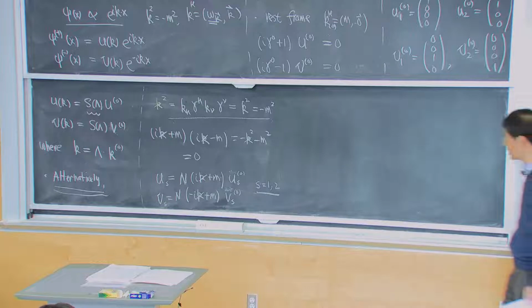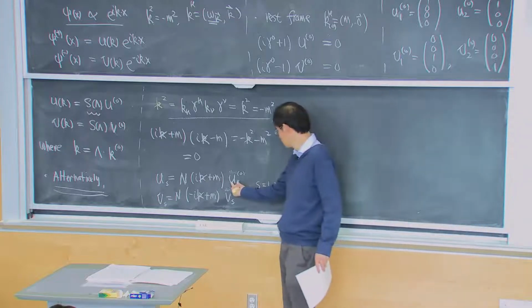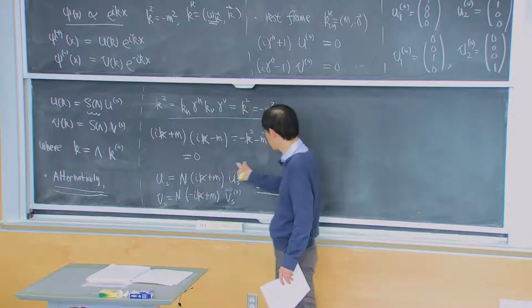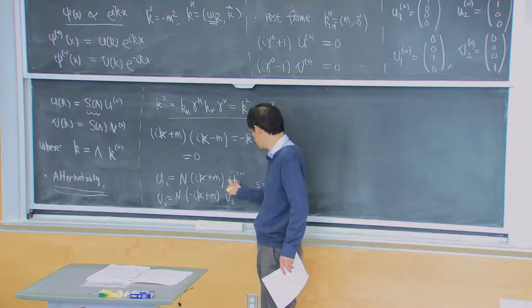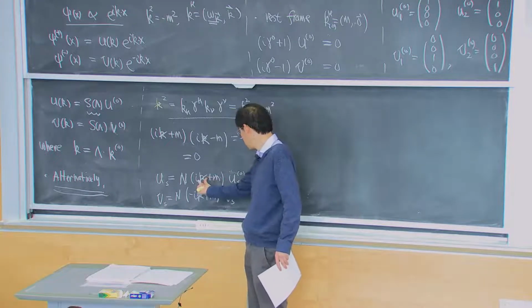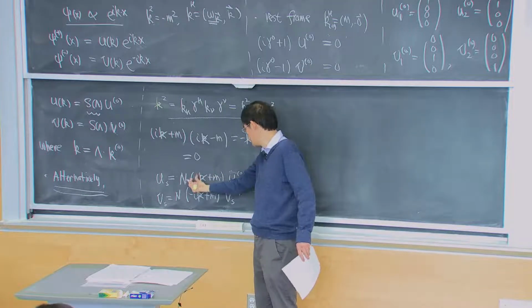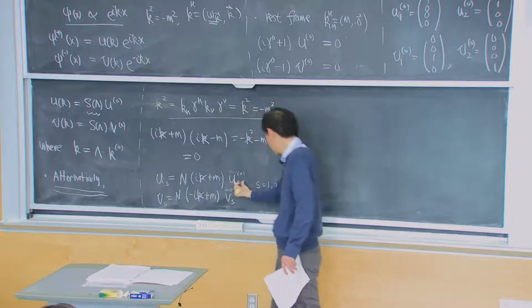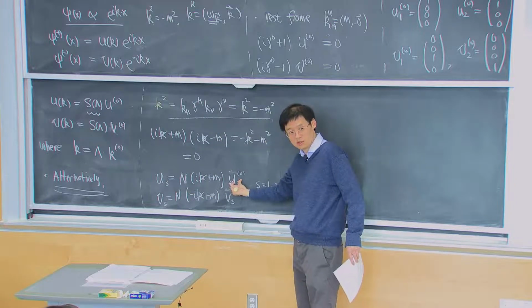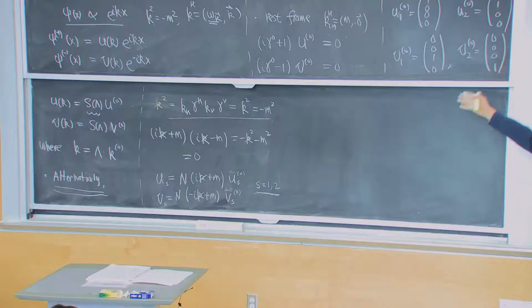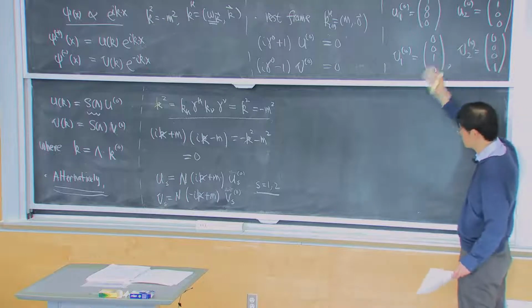You can also check that when you take k to be k0, this essentially just reduces to u_s(0). This is consistent.